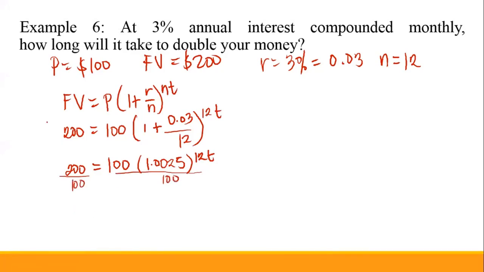So this is now equal to 2 equals 1.0025 raised to 12t. Di ba? And then take the logarithm of each side, then use property 5 to rewrite the problem as multiplication.